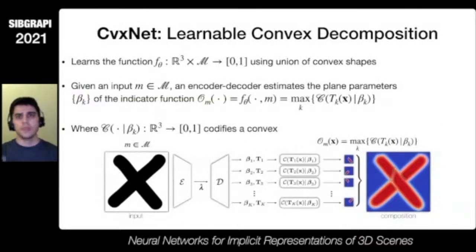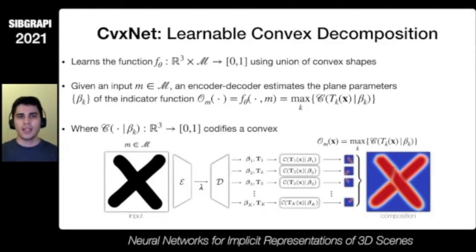We now present ConvexNet, a network capable of representing a finite family of shapes. This family is automatically derived via an autoencoding process. Specifically, ConvexNet learns for each input a function which is an indicator function that represents a union of convex shapes.